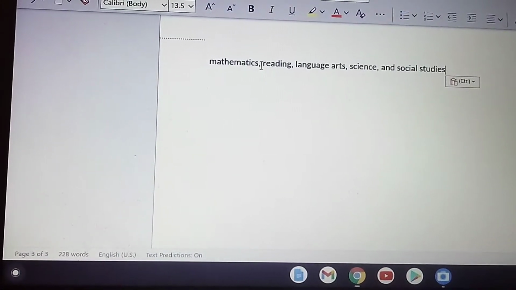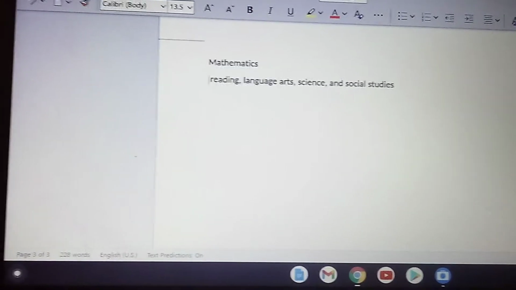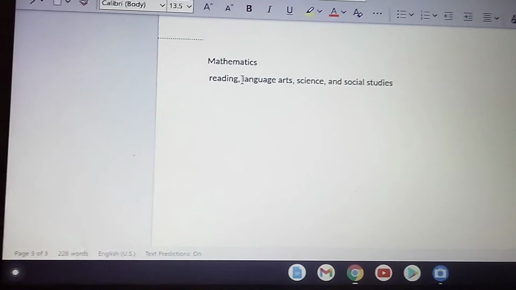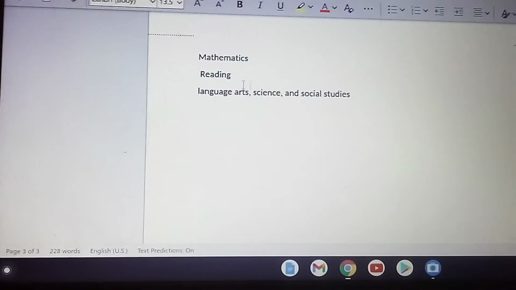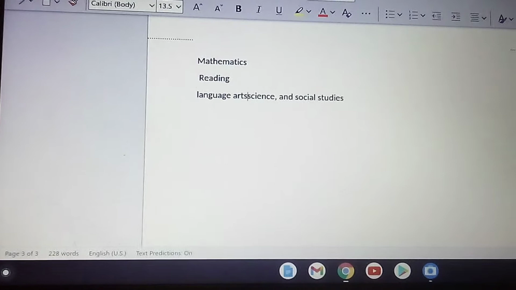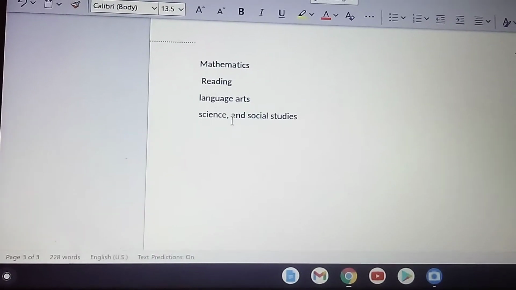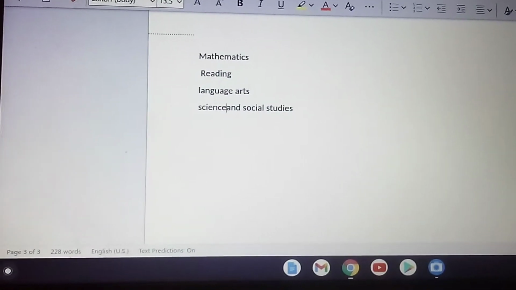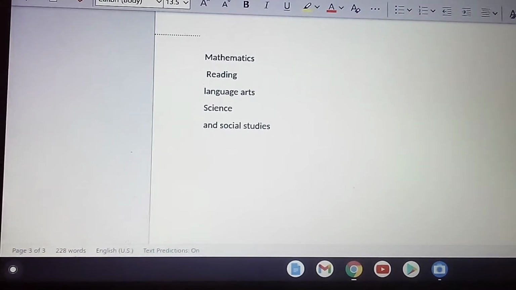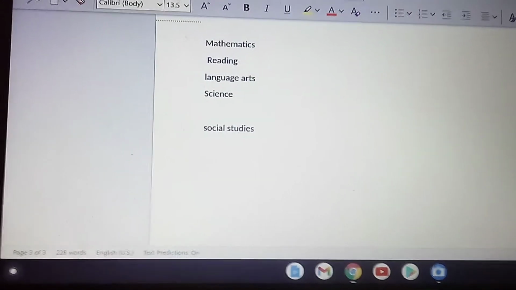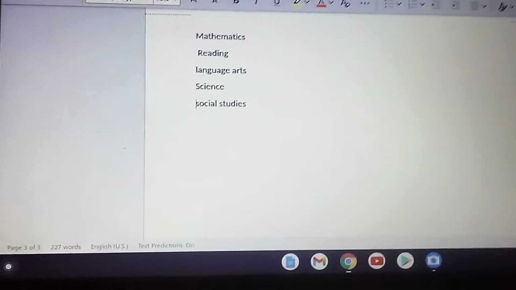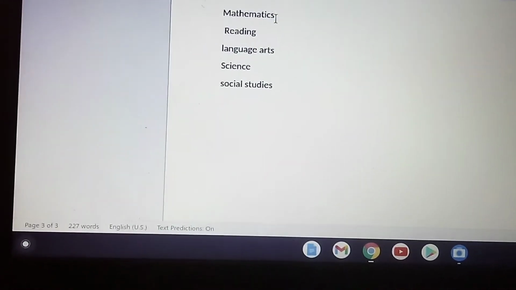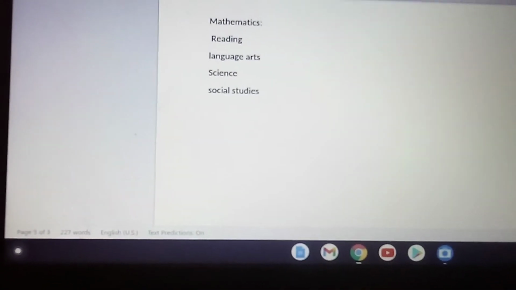Okay, so now I go into math and I figure out some. If you're new to this, you can do a review for them the first quarter. You could just say review if this is your first year trying to figure out what they need help in.